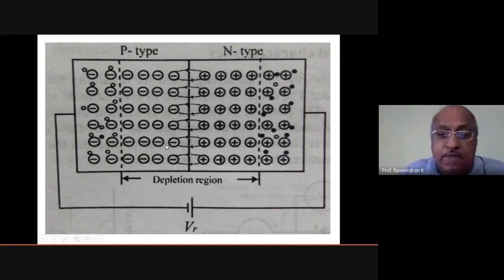That peak inverse voltage is the reverse voltage up to which the diode will resist the application of a voltage in the reverse biased condition.